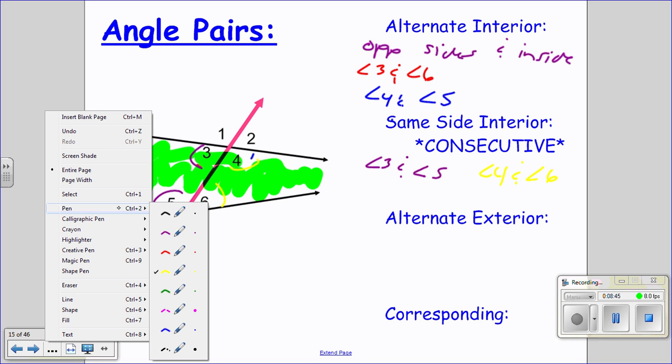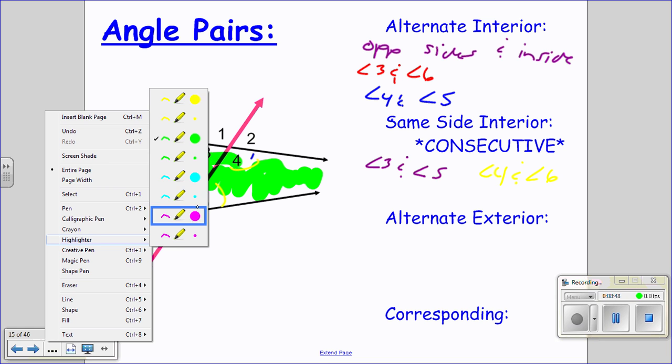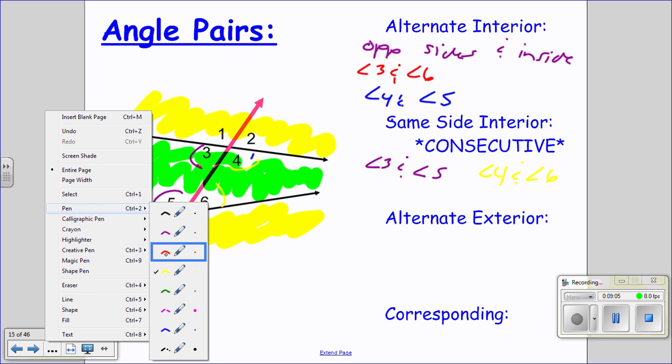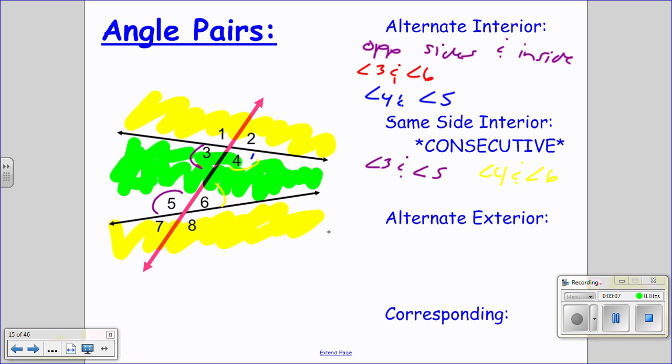Now we're about to talk about alternate exterior. So exterior is what I highlight in yellow. So it's outside the two lines. And to be considered alternate exterior, it's very similar to what I wrote for alternate interior except for outside. So we would say opposite sides of the transversal and outside. So that means that angle 1 is on the left side and it's outside.